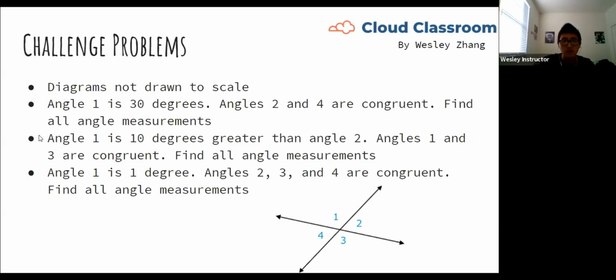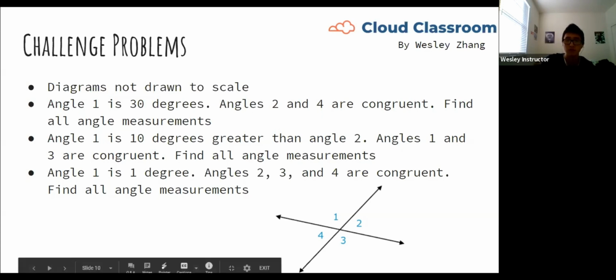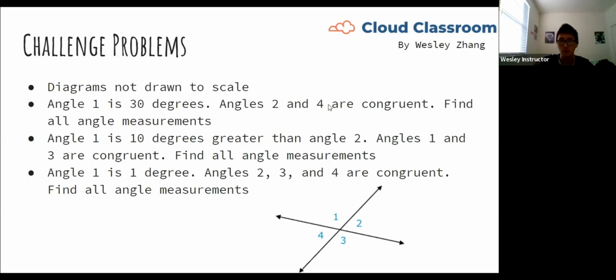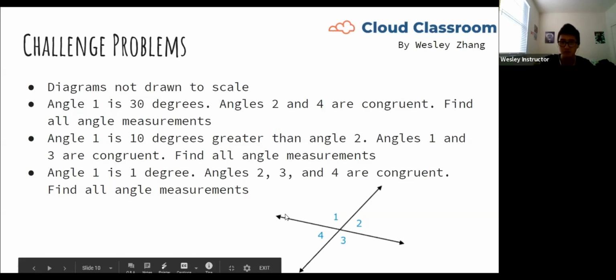All right, the first question: angle 1 is 30 degrees, and angles 2 and 4 are congruent. Find all angle measurements. Again, these angles are not to scale. But angle 1 is 30 degrees, so angle 3 must also be 30 degrees because they are vertical angles, so they have the same angle measurement.